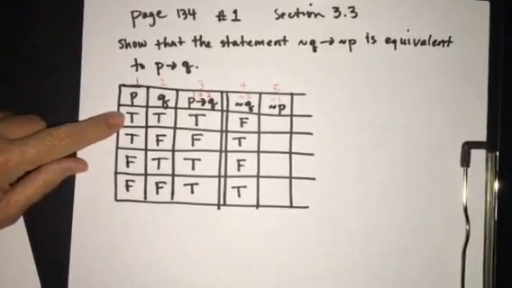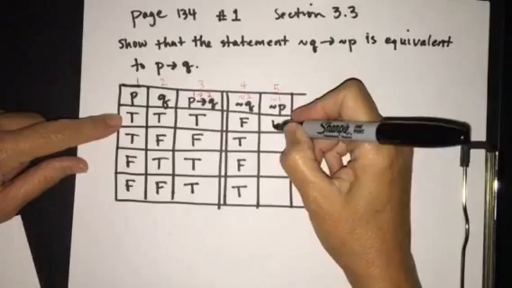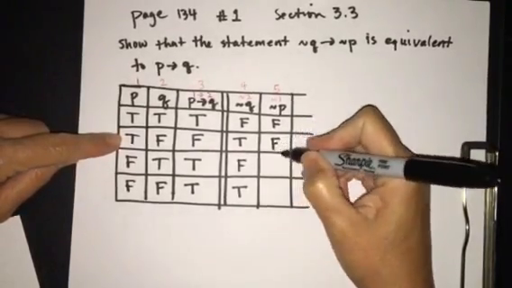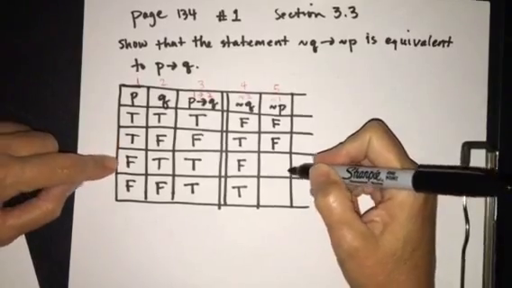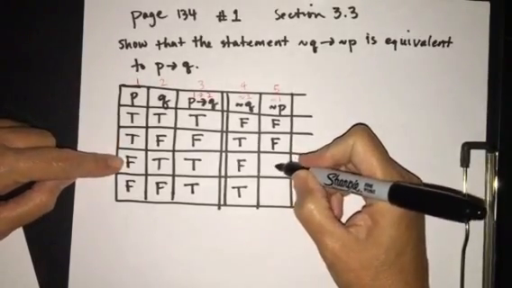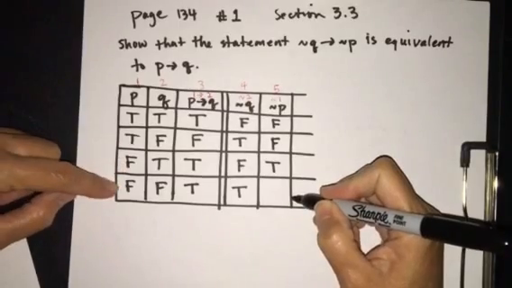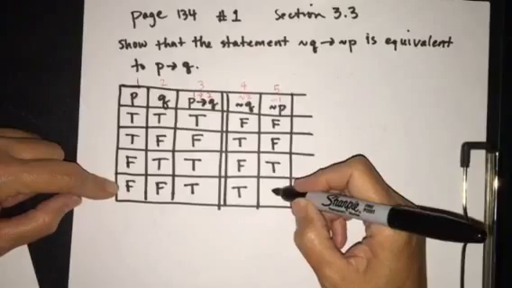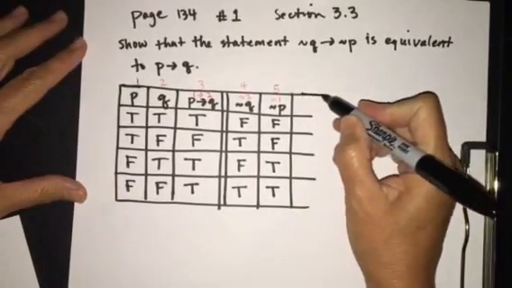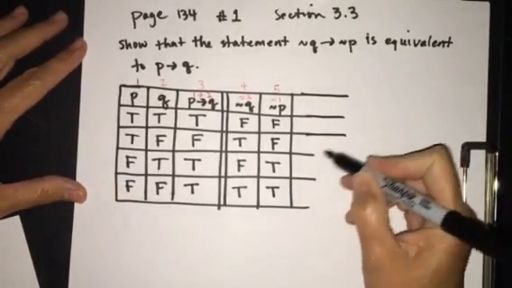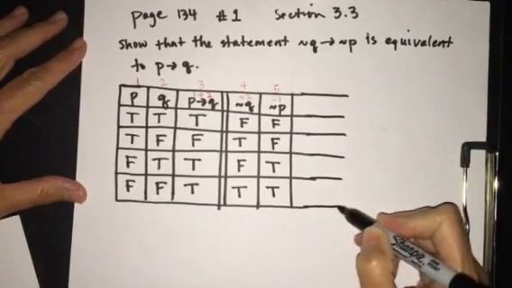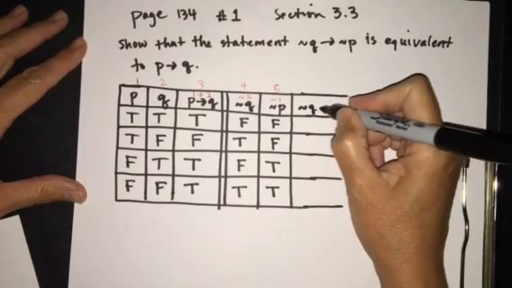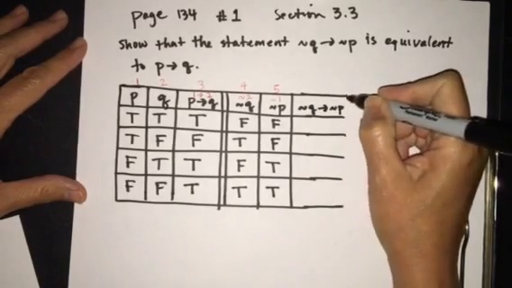So if column 1 is a T, column 5 is F. Here, column 1 is T, column 5 is F. On line 3, column 1 is F, so column 5 is T. And then on line 4, column 1 is F, so column 5 is going to be T. Extend this just a little bit more. And I'm going to do not Q, then not P.